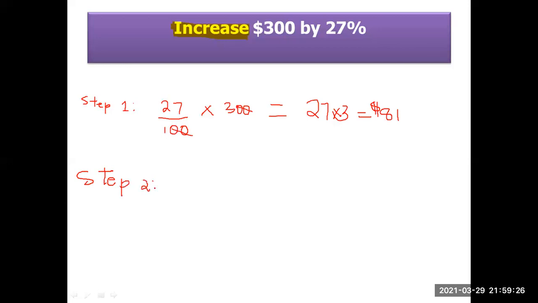So 27% is represented by $81 in this question. So we're going to just add our $81 to our $300. And that is how we get our final answer. 81 plus 300 gives us 381.